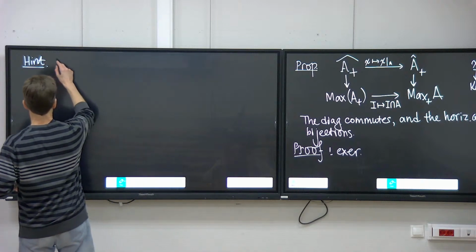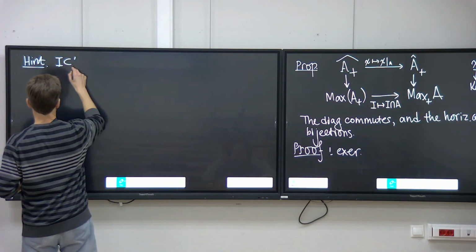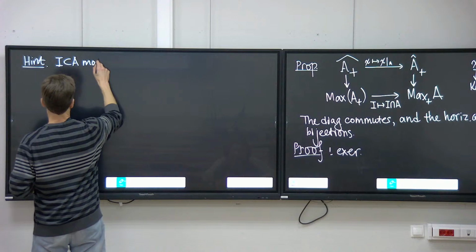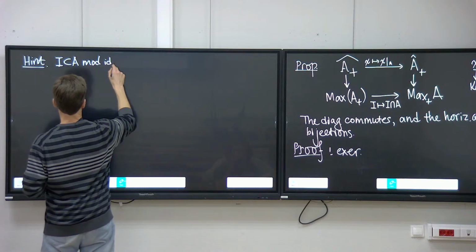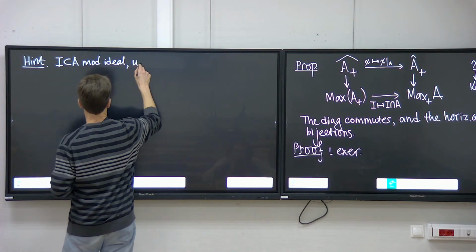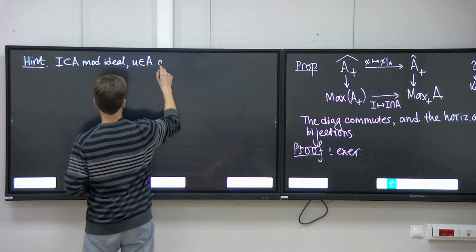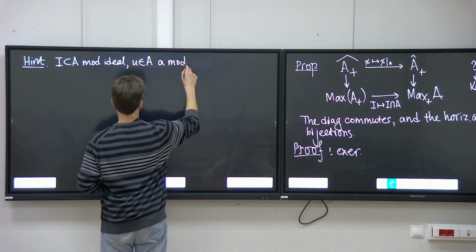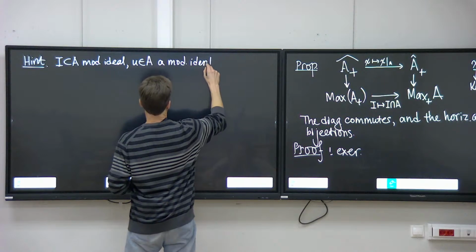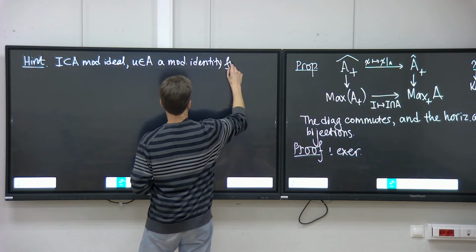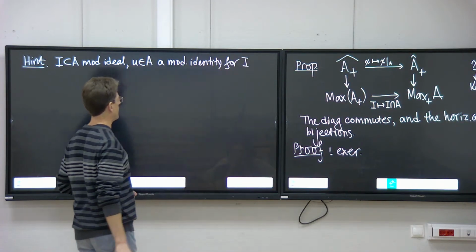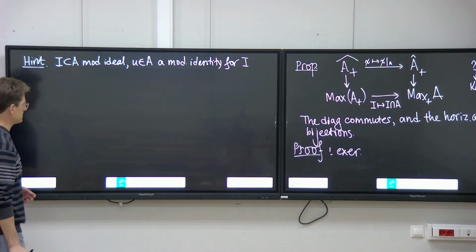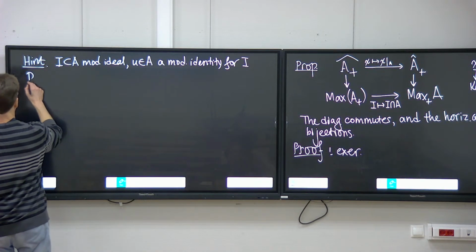So if we have a modular ideal I of A, and U is a modular identity for I, we can construct another ideal in the unitization as follows.